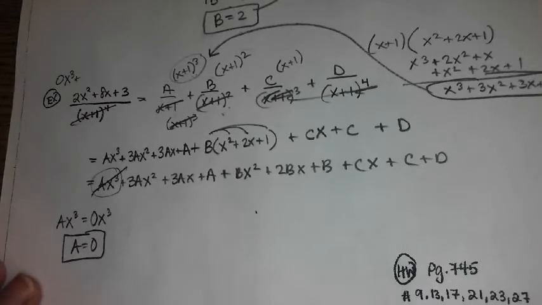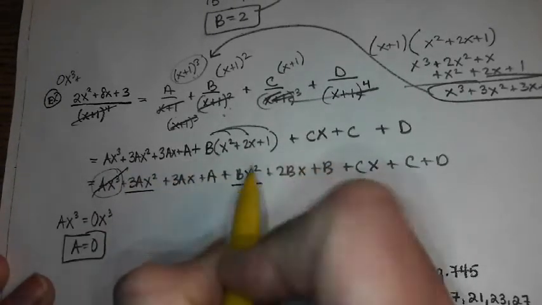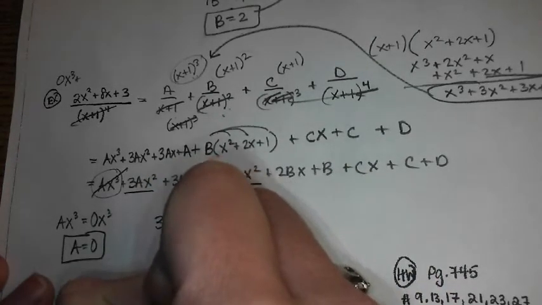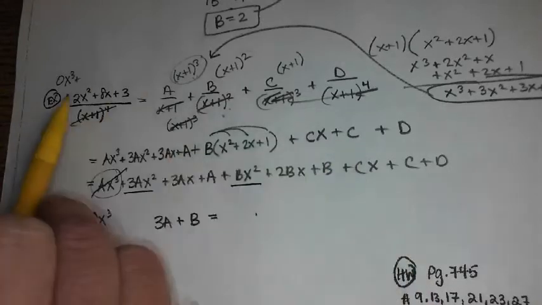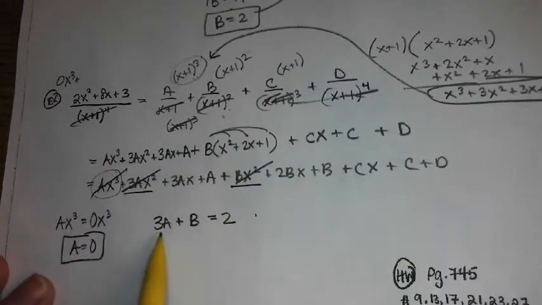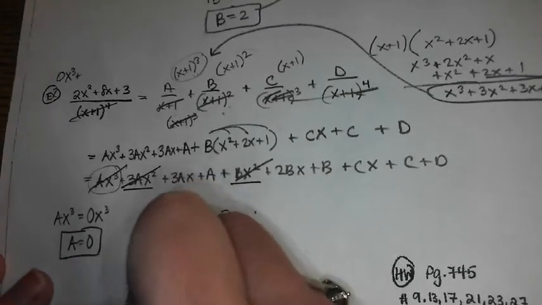What are my x squared terms supposed to add up to? So 3A plus B is supposed to equal 2x squared, so 2. Well, I already know A is 0, so what's B? 2.